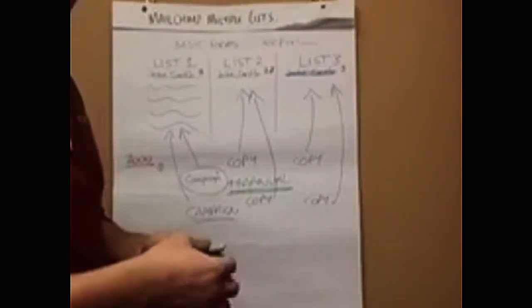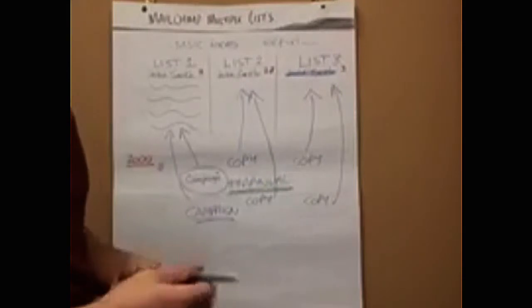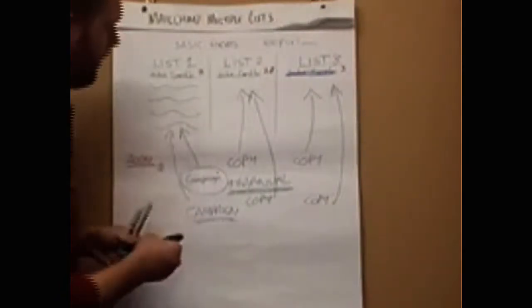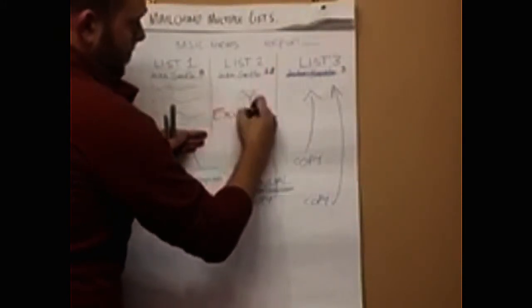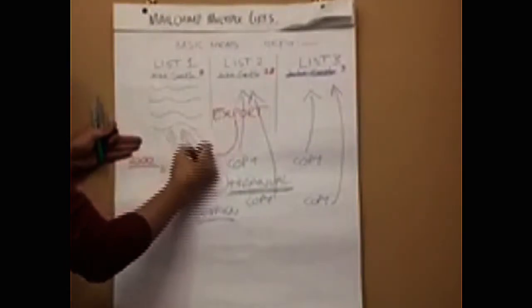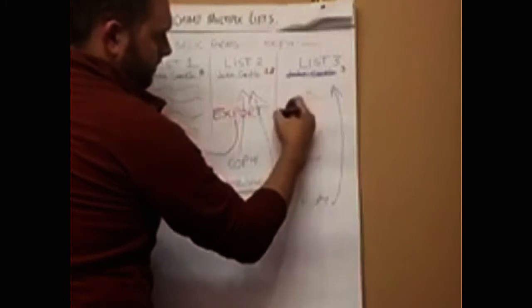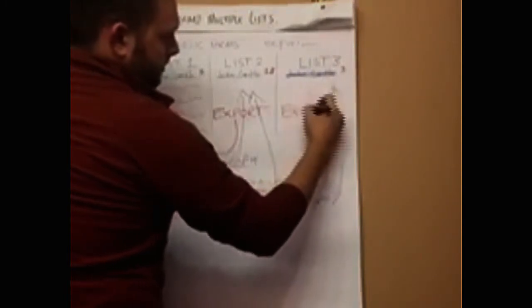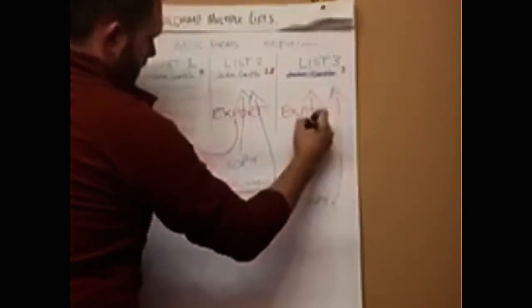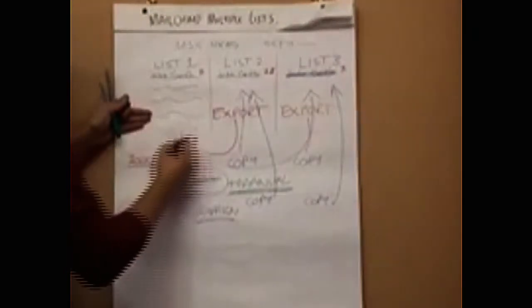Now, some people do decide that at the end of every week they export the whole of list 2, and then import it into list 1, and then they do the same for list 3, and again import it into list 1.